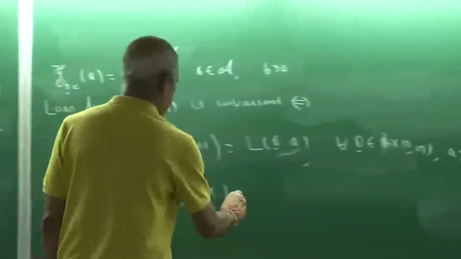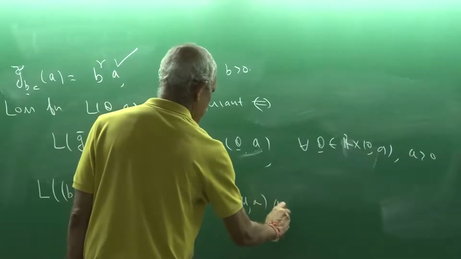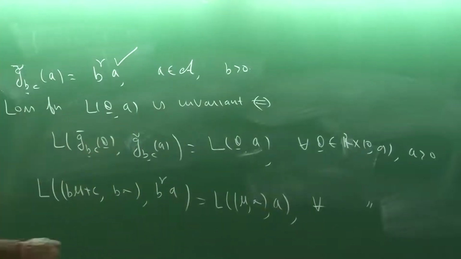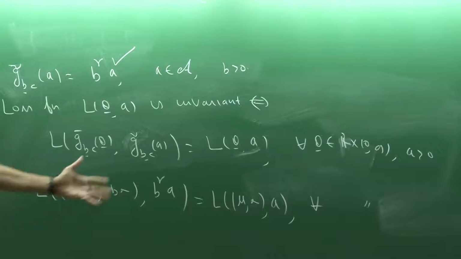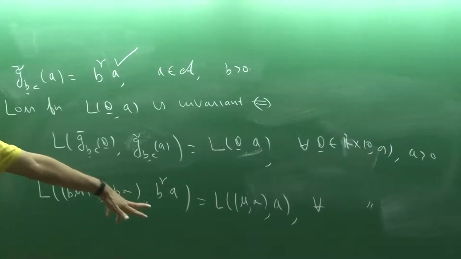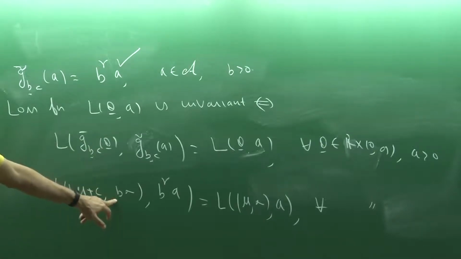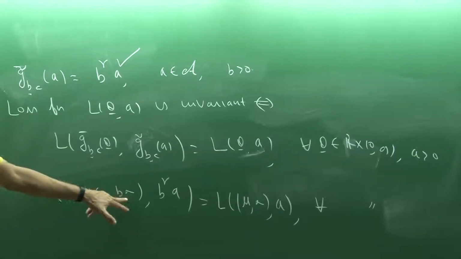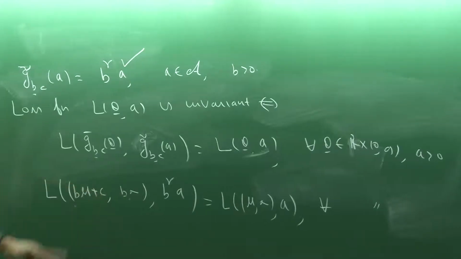This would be the same as L of mu sigma a for every theta in R cross 0 to infinity and a positive. So there are 2 degrees of freedom over here, because I can choose my b, I can choose my c. So one immediate thing I get is if I take b as 1 by sigma, this gets simplified. So once I have chosen b to be 1 by sigma, I can choose c to be minus mu by sigma.